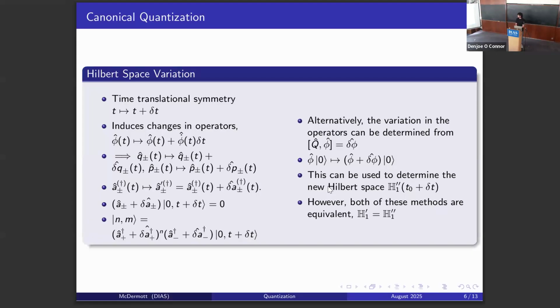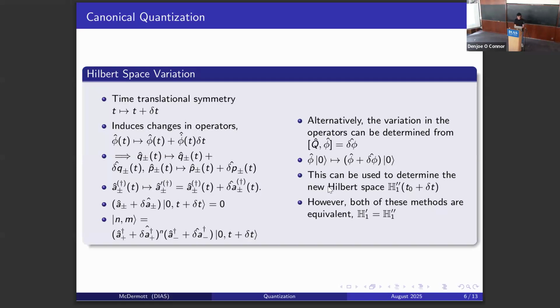So there are two ways we can look at varying our Hilbert space from this type of quantization for time translation. If we follow along by changing directly the time coordinate and carrying that change through all of our momenta and position operators, we are left with a set of states n and m, which is dictated by our original creation and annihilation operators, plus some variations.